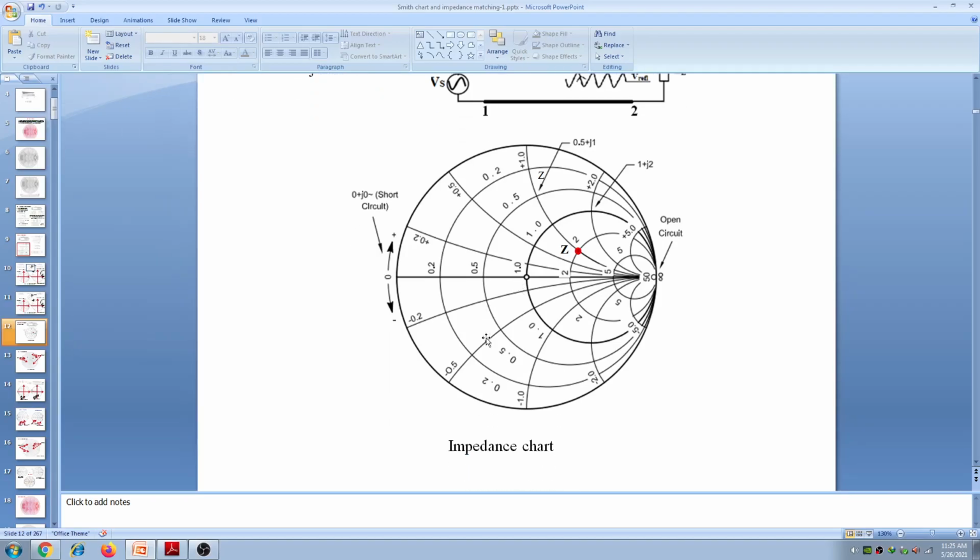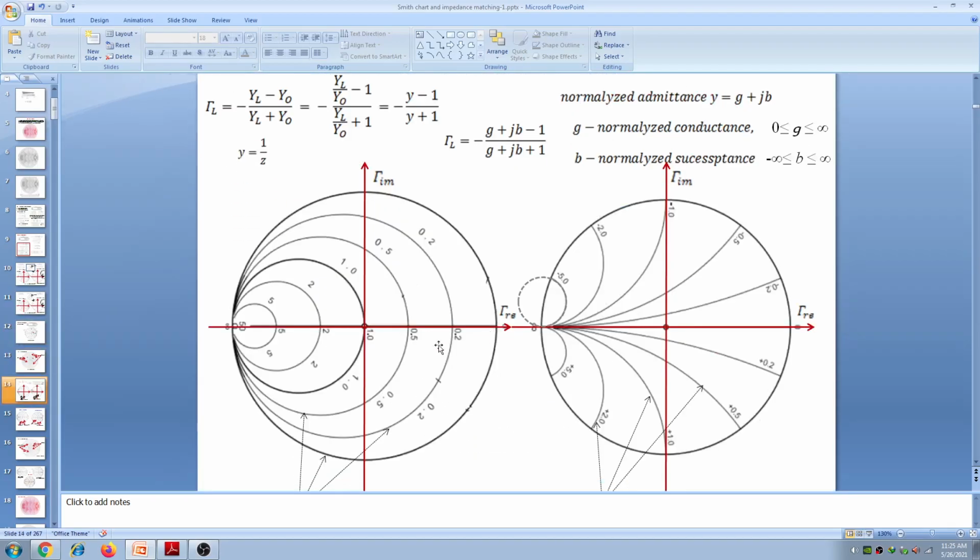But for conductance circles you should take the value written below. There are circles from 0 to infinity, but it's not possible to show all the values, so some circles are shown over the Smith chart.